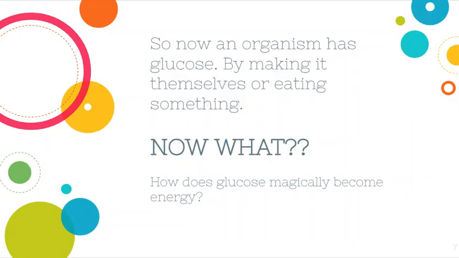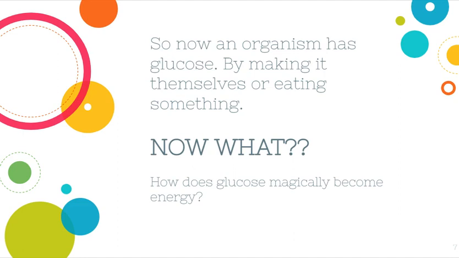Okay, cool. So we've got an organism that has glucose, either because it's a plant and it made it through photosynthesis, or because like we ate a plant. And now what? I got this glucose, and apparently that feeds me and gives me energy, but like, how?